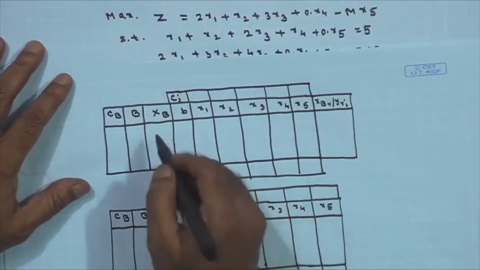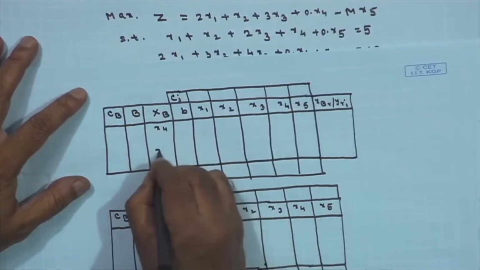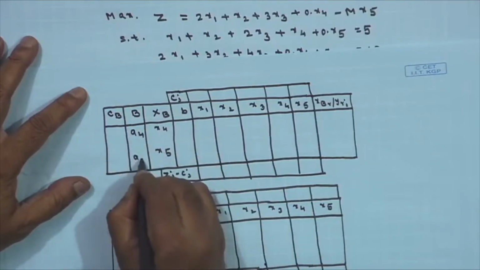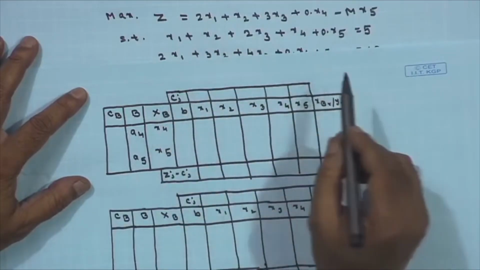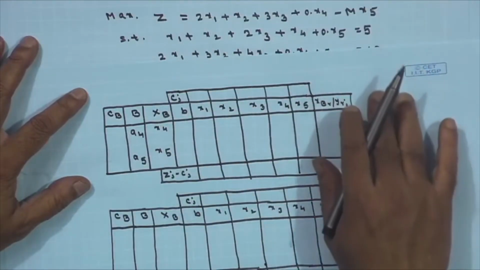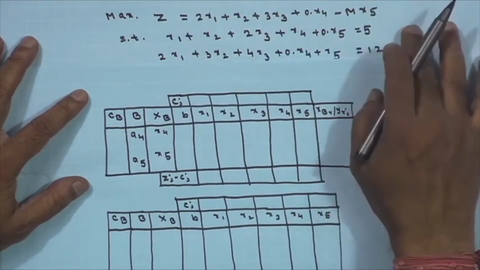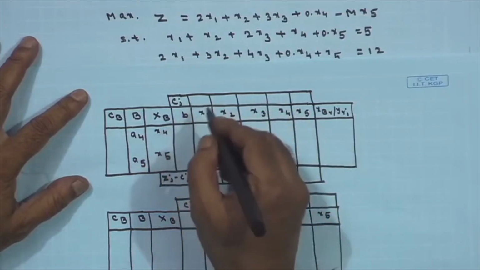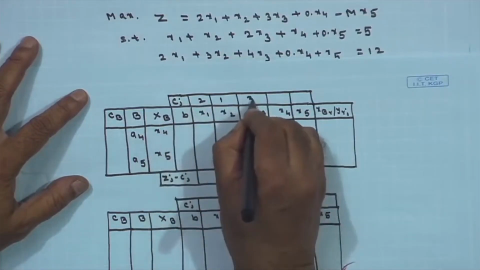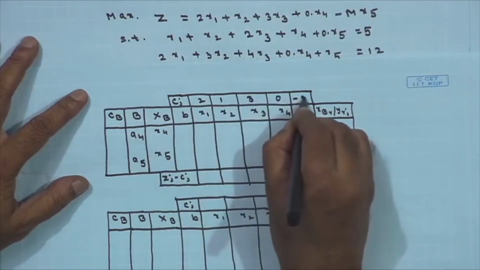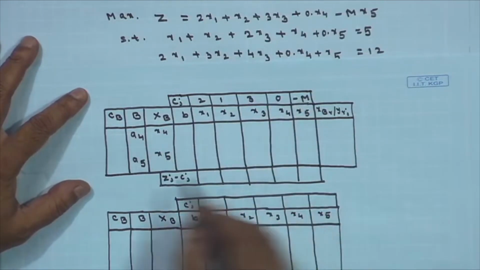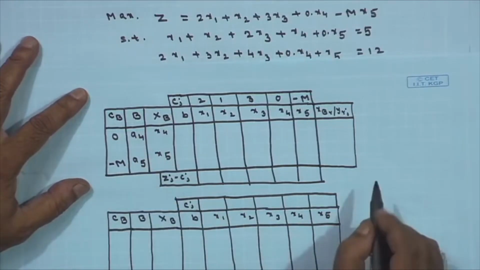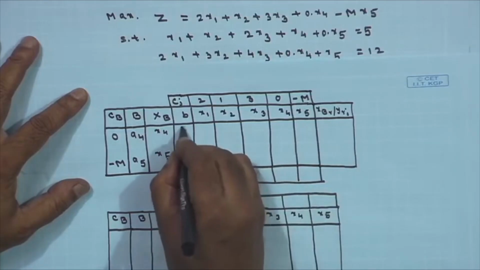So, I am writing here xB as x4 and this is x5, here it is A4 and A5. Cj values are the coefficients of the objective function, that is of the variables x1, x2, x3, x4, x5 in the objective function. So, it will be 2, 1, 3, 0 and minus M. Cb value corresponding to A4, A5 is 0 and minus M. Your b values are 5 and 12.